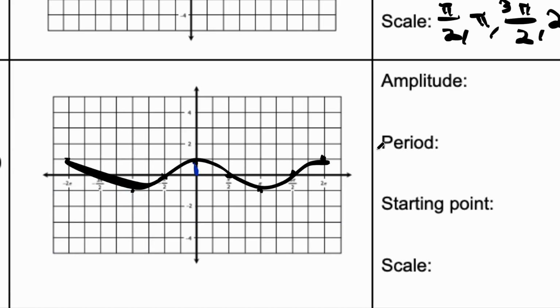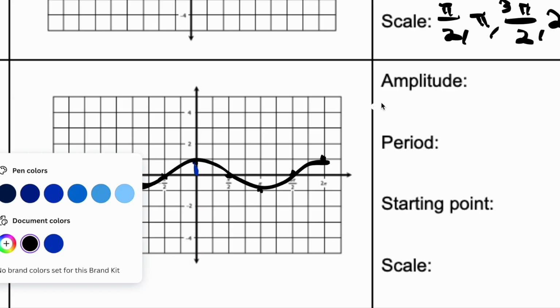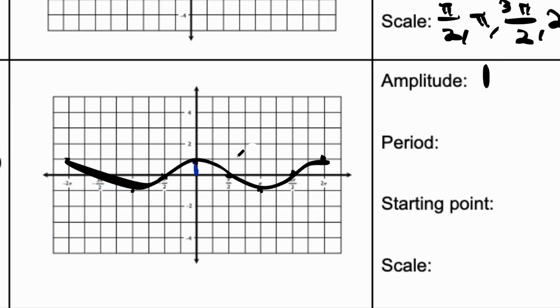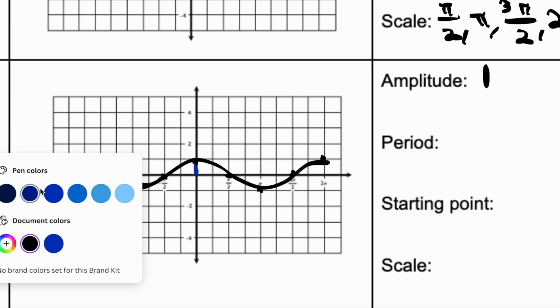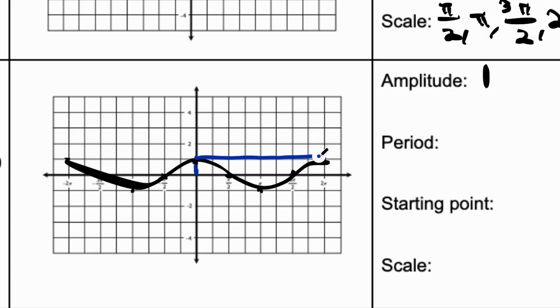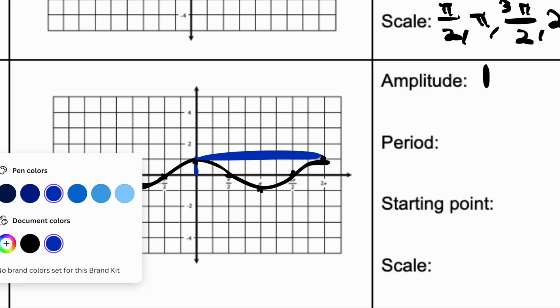So what's that length? That's going to be 1. Our amplitude is 1. Our period is from peak to peak, or from any point, how long it takes to go one cycle. So here, it's going to be this distance, which is again 2 pi.